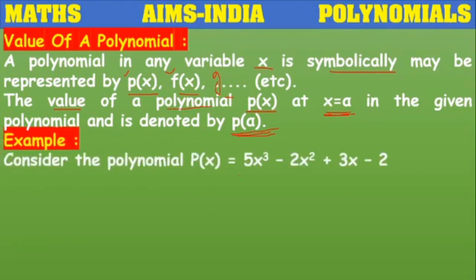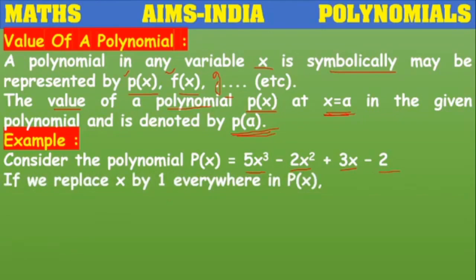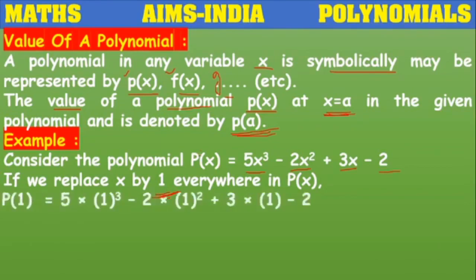So consider a polynomial. Here they have given a cubic polynomial, 5x cubed minus 2x squared plus 3x minus 2. 4 terms are there. We have to find the value of the polynomial p of x at 1. Means the variable value is 1. So how to find that value?